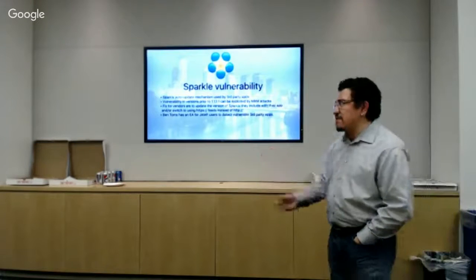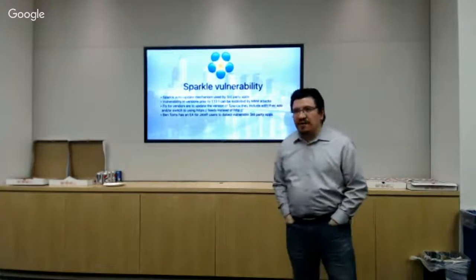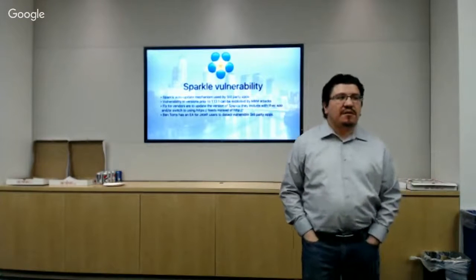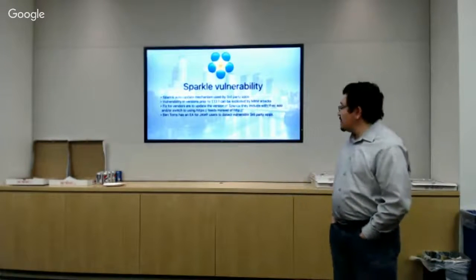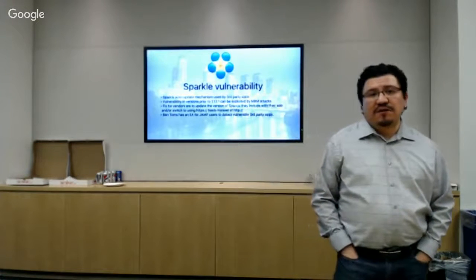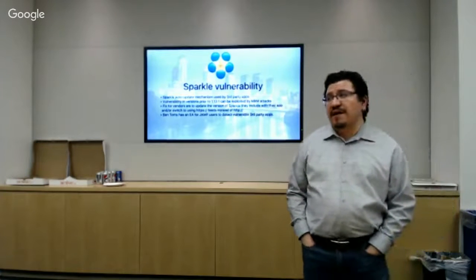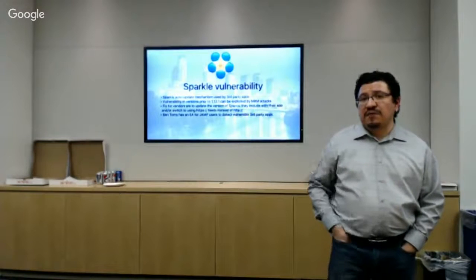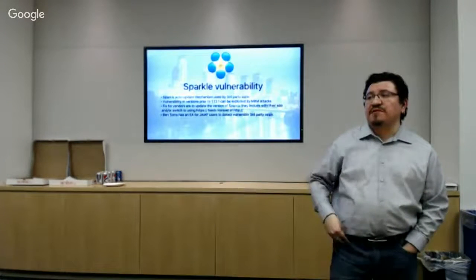So Ben Toms, Mac Mule, has made an EA for Jamf users to go and detect any vulnerable third-party apps. So if you're using Casper, you can go to his site and get the EA and just plug it in, and it'll give you a list of vulnerable apps.